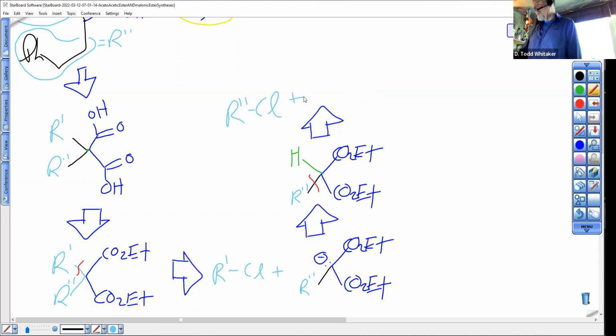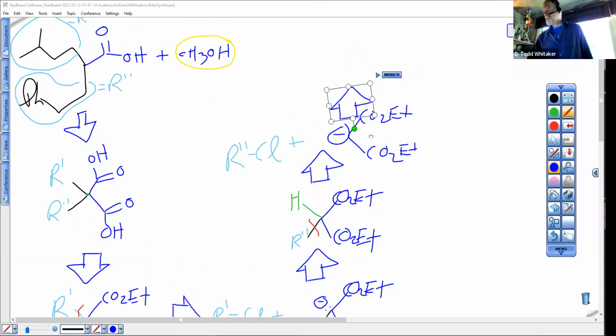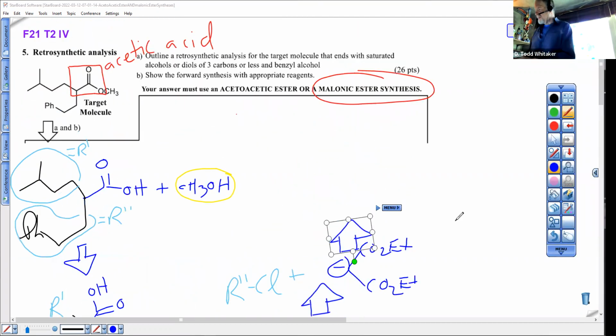And we have this species here. Let's not do it that way. And that also came from its conjugate base. Conjugate base up here. Sorry, that is the conjugate base. I misspoke.